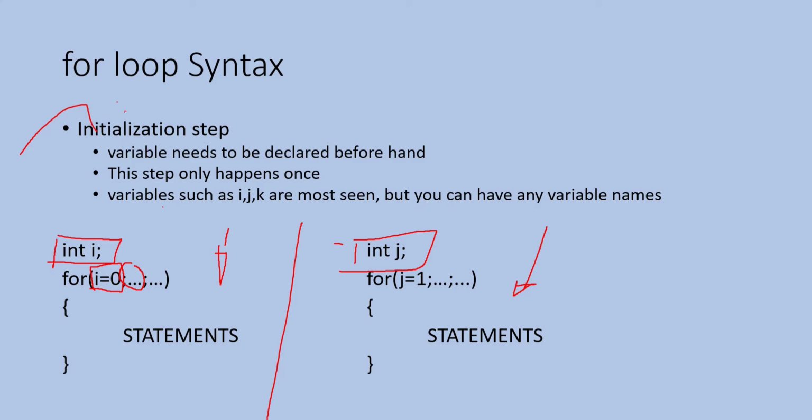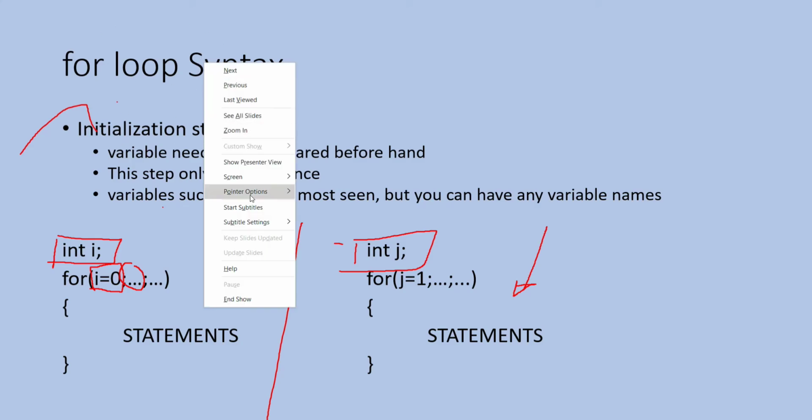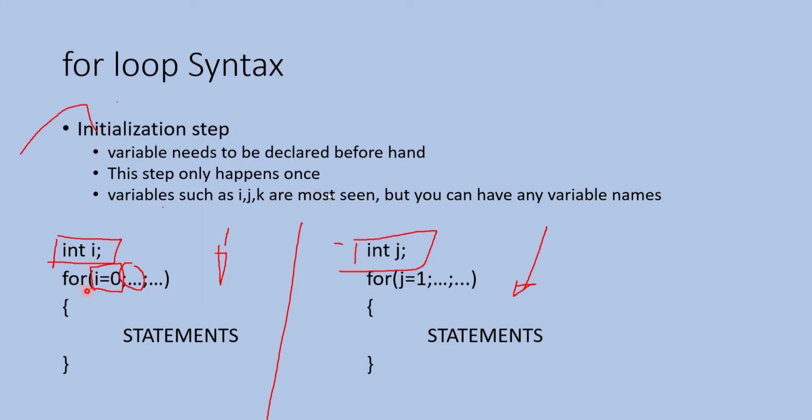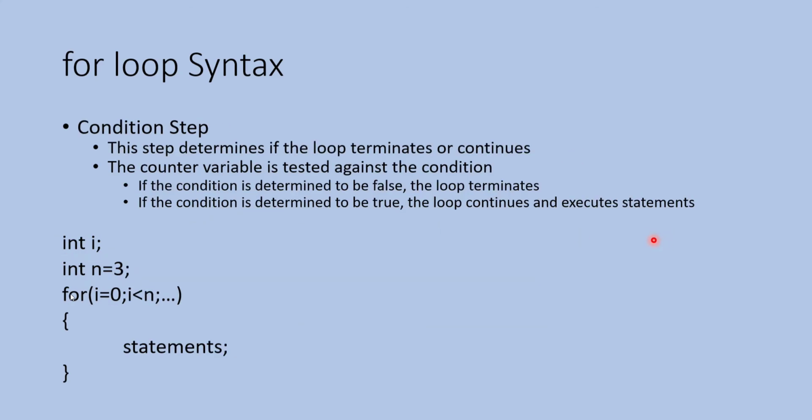We're only initializing this once, right? Because I is not going to keep being 0, j is not going to keep being 1. Variables such as i, j, k are mostly seen because they're very easy to write and read, but you can have any variable names.